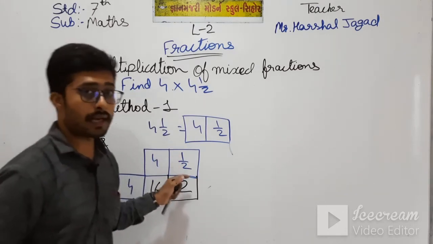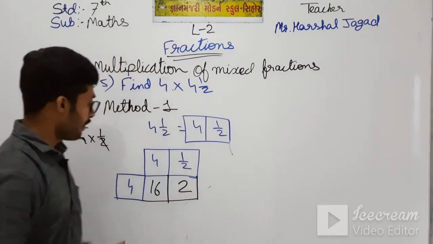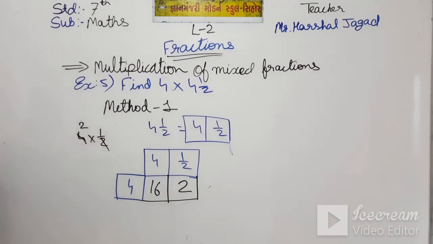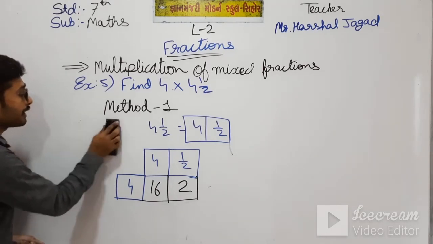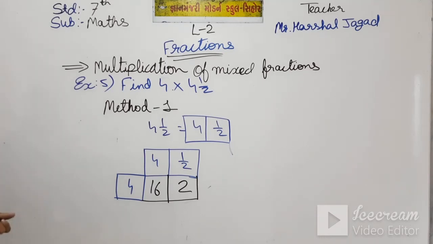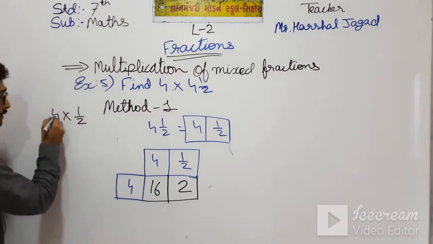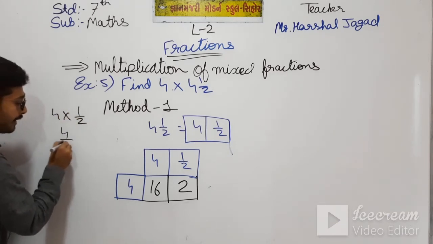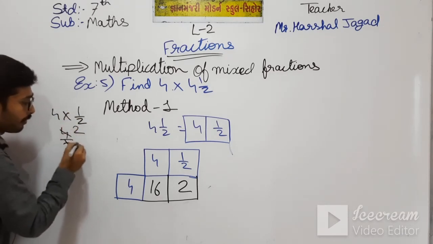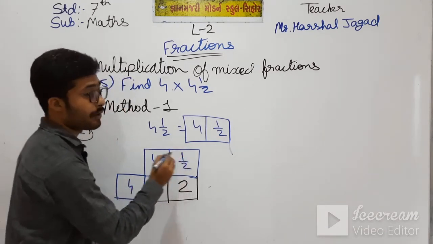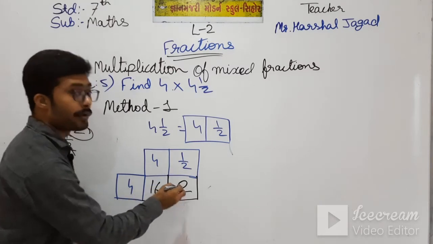I have written this with a short method. I am explaining it again: how can we multiply 4 into 1 by 2? That is 4 1s are 4 by 2, that is 2 2s are 4. So this 2 comes here, that is 4 multiplied by 1 by 2 is equal to 2.